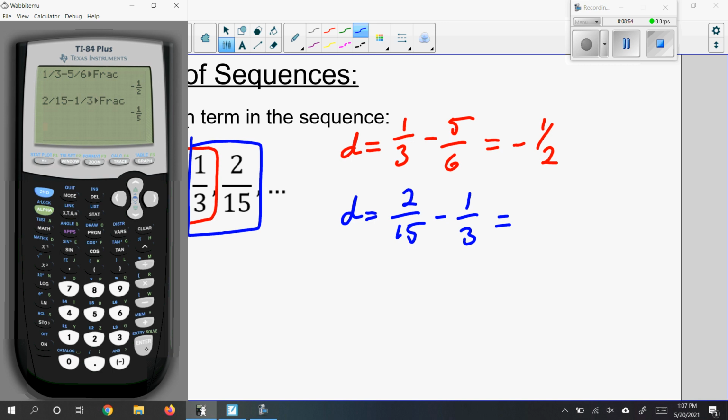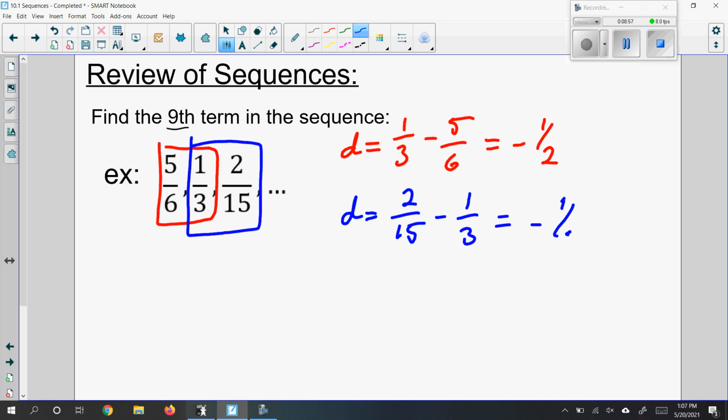Okay, we got negative 1/5. These are not the same. So this is not an arithmetic sequence.